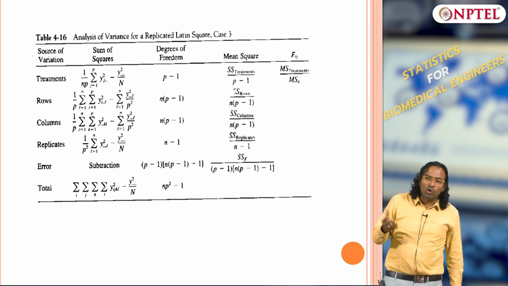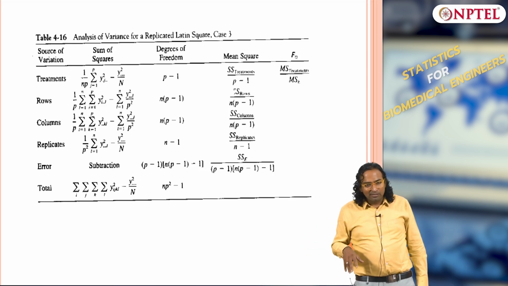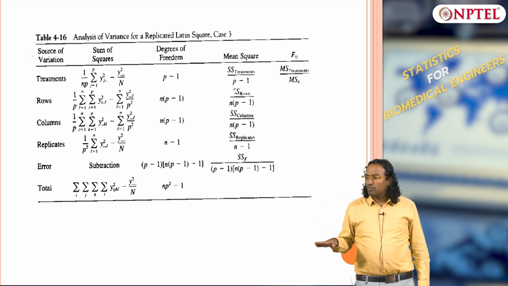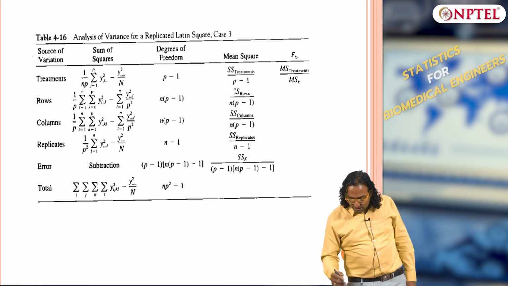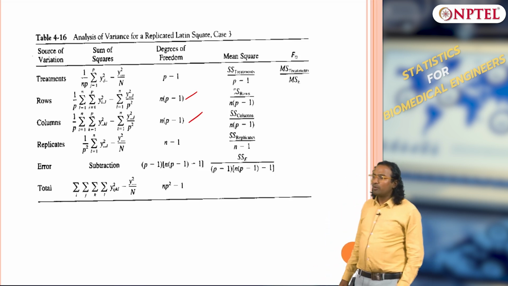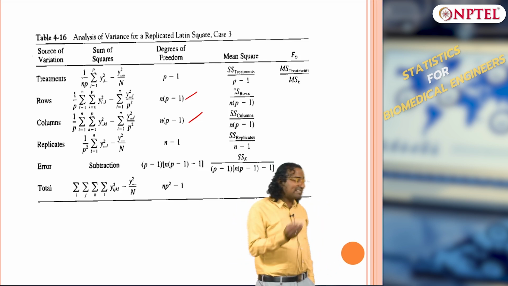Now you could not keep both rows and columns constant. Again what will happen? The degrees of freedom of error is going to go down, right, because now for treatment, rows and columns, it will be n into (p minus 1). Okay. So these are the three cases of replication.